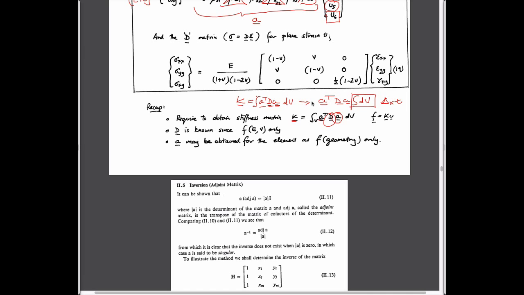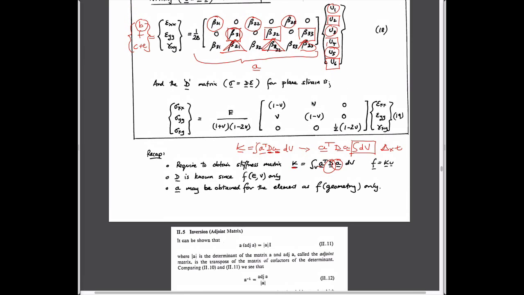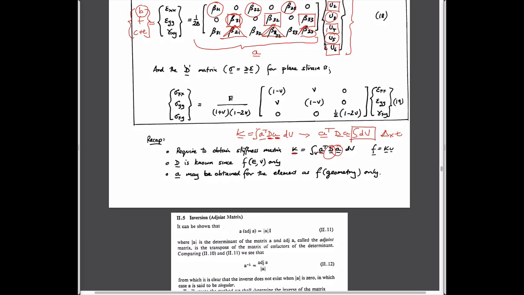The only trick is that the A matrix is a bit more complicated because now instead of 3 rows and 3 columns, it's 3 rows and 6 columns. It's 3 rows and 6 columns because we have 6 degrees of freedom within the element rather than just 3 magnitudes of heads at each of the nodes. So it gets a bit more complicated, but otherwise we don't have to worry about it.